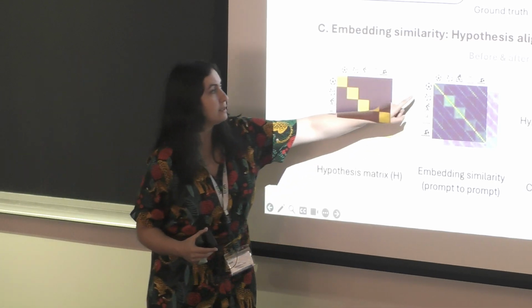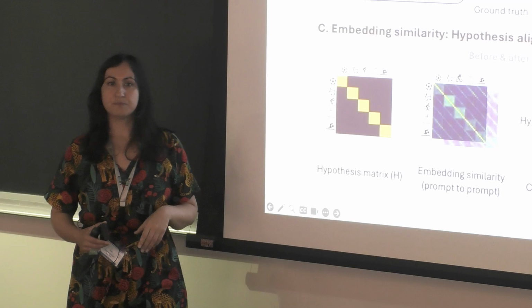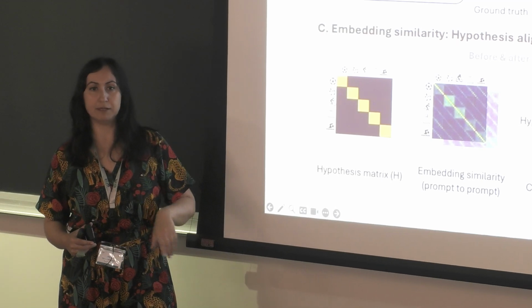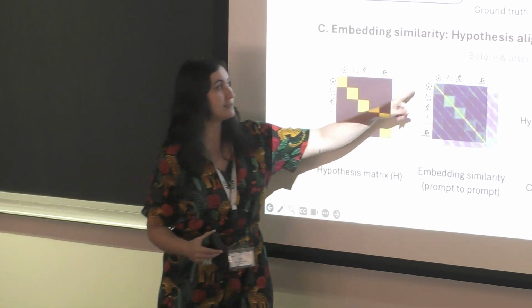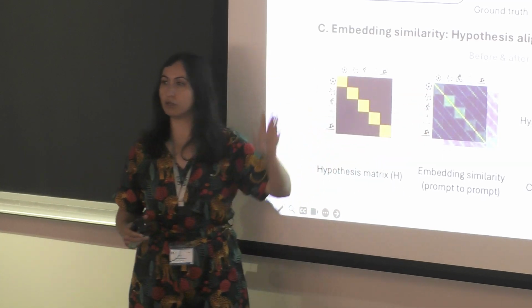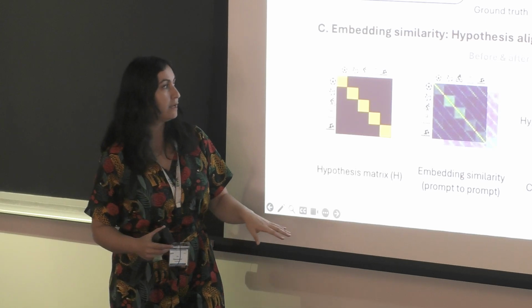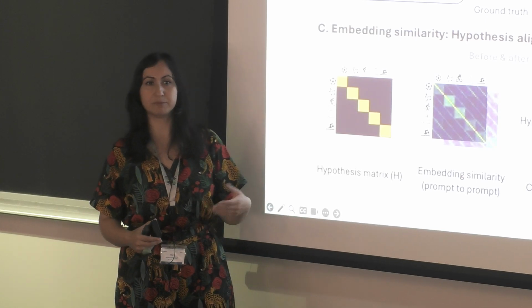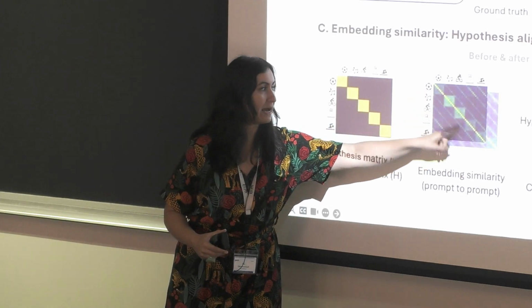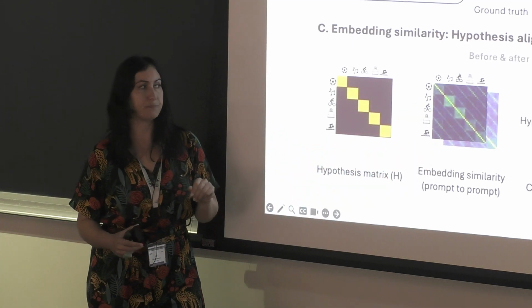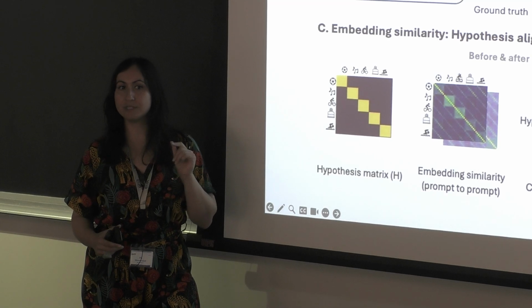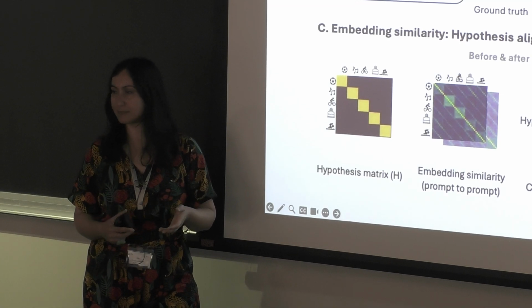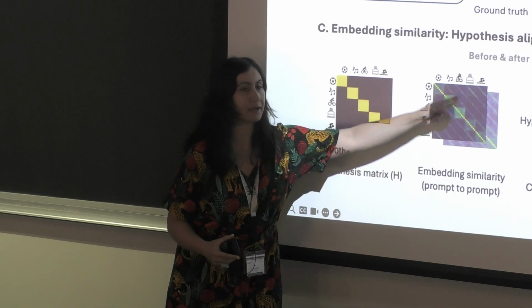So if I made 10 prompts that said, Allie plays football, Mary plays football, John plays football, you should see some similarity between the embeddings of all of those prompts. If I say, Mary plays music, Allie plays music, you should have some kind of task-specific similarity. Another thing is, when the names appear, you should see some similarity when the same name does something, and that's the diagonals that you're seeing.